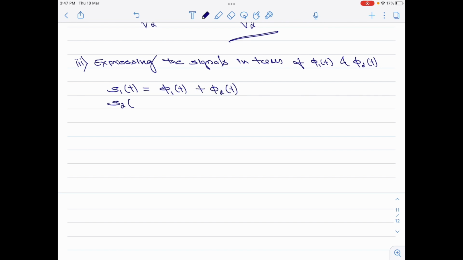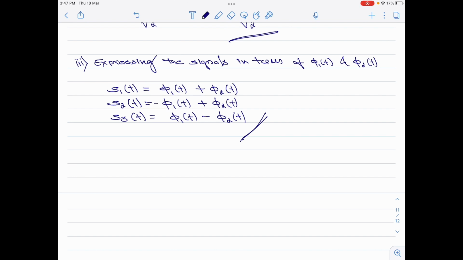S2 of t is equal to minus of phi 1 of t plus phi 2 of t. Lastly, S3 of t is equal to phi 1 of t minus of phi 2 of t. That is about the answer for part 3 of the question as well.